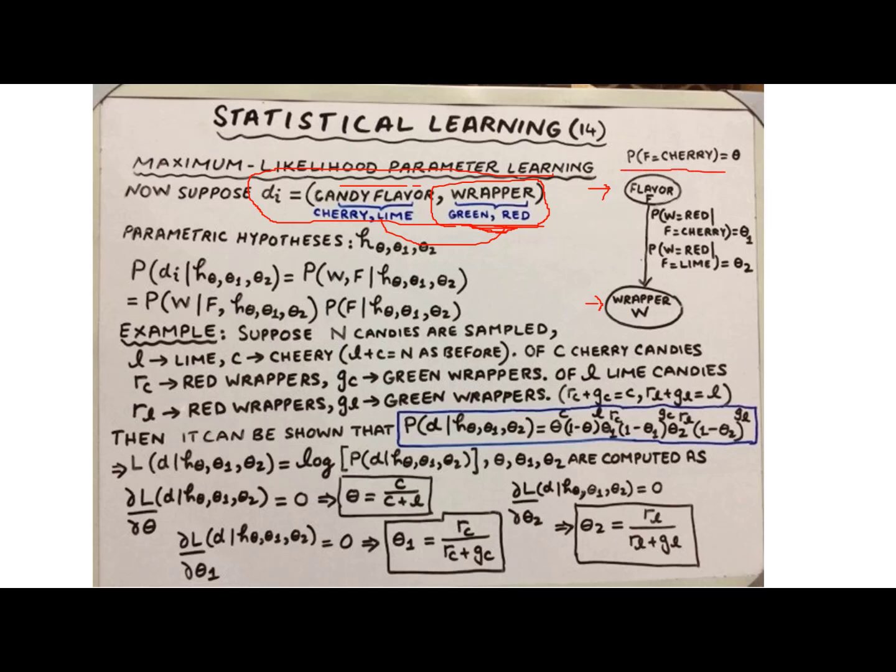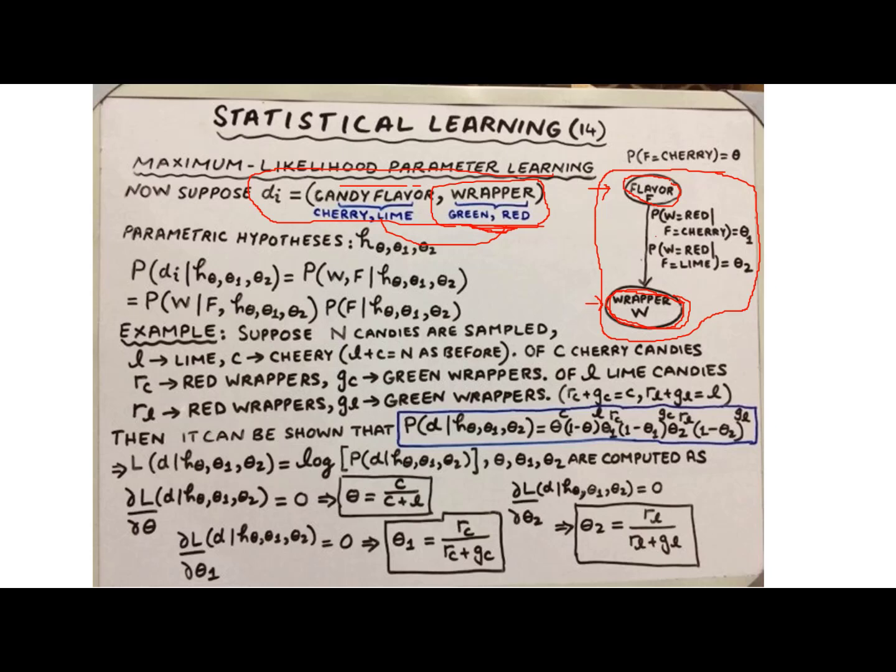That correlation is captured by a very simple Bayesian network here. So we are saying that whoever filled the candy bag in the first place decided the wrapper of the candy based upon the flavor. So the flavor is the independent variable and the wrapper is considered the dependent random variable.